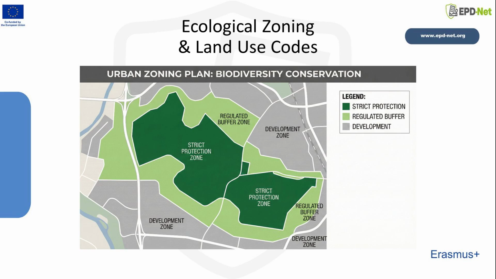Such regulations can require developers to use native plant species in landscaping to provide food and shelter for local wildlife, preserve mature trees and existing vegetation on development sites, and incorporate features like green roofs or permeable pavements to reduce environmental impact. Together, these regulatory tools form the rulebook that transforms the vision of a connected ecological network into a daily reality of urban development and management.